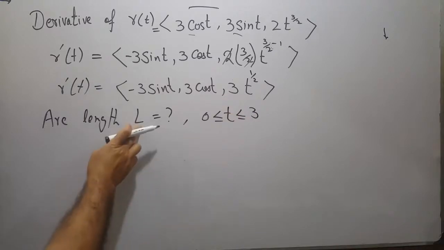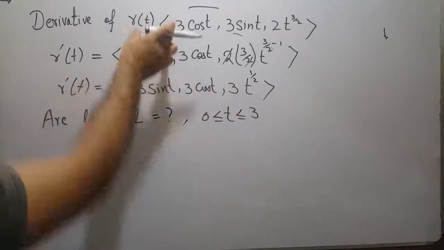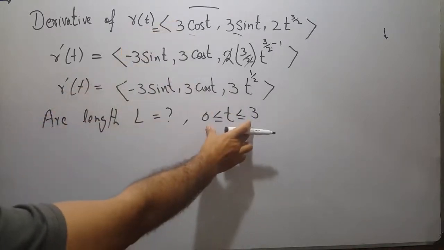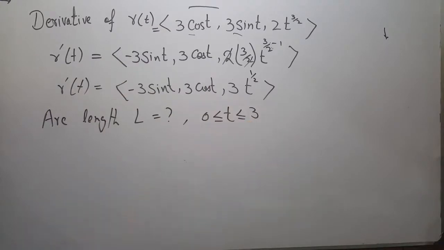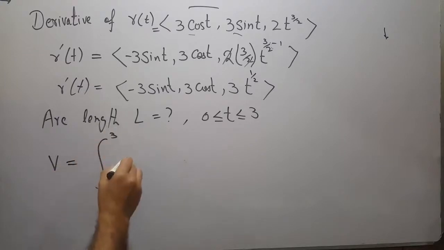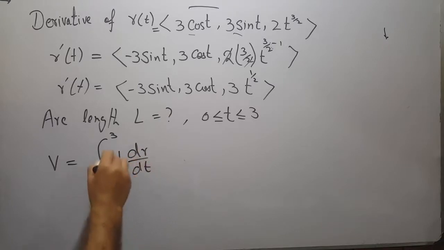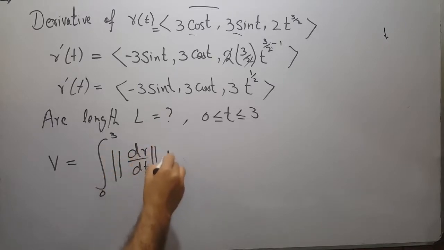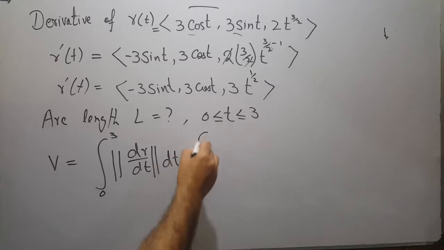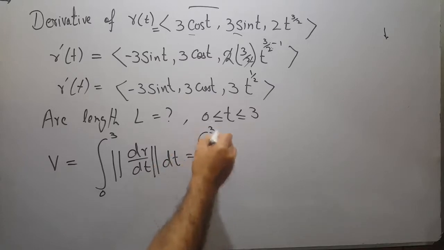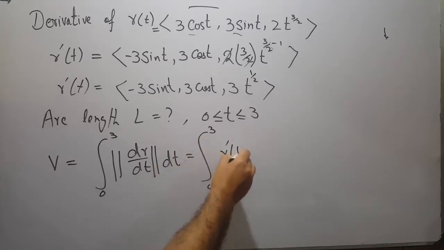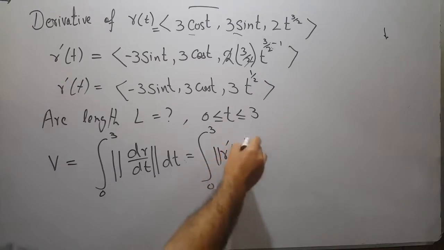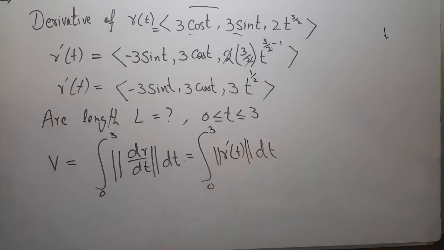So you will write down the formula. The formula is L equals the integral from 0 to 3 of the magnitude of dr by dt, dt, or you can write this as the integral from 0 to 3 of the magnitude of r prime of t dt.